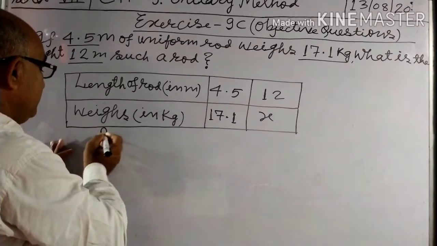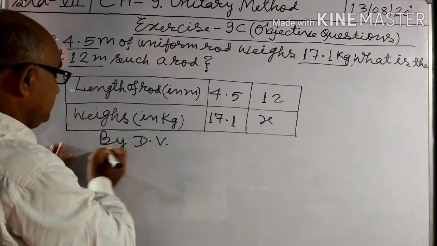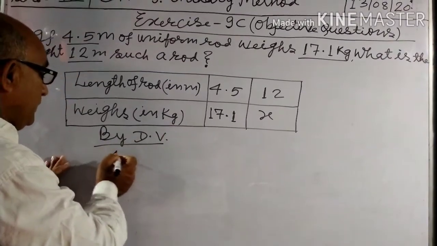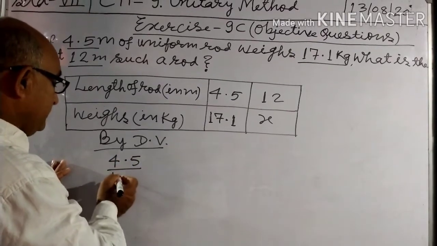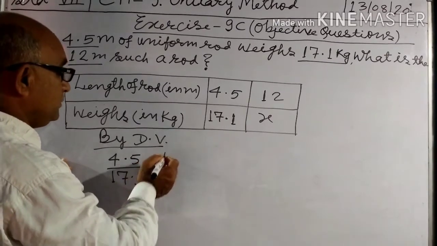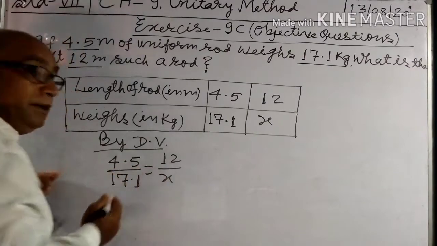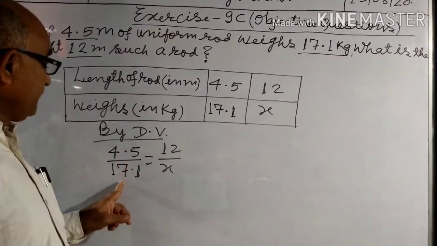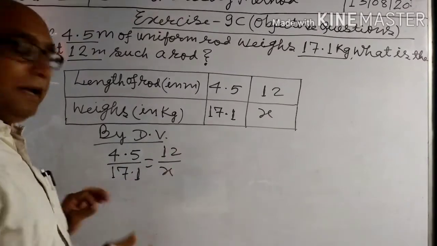It is direct variation. In direct variation, ratios are equal. So 4.5 by 17.1 equal to 12 by x.